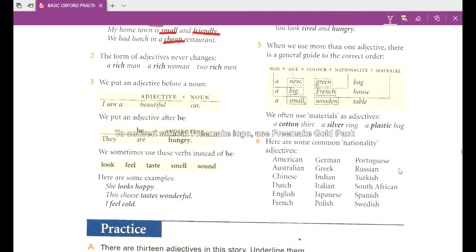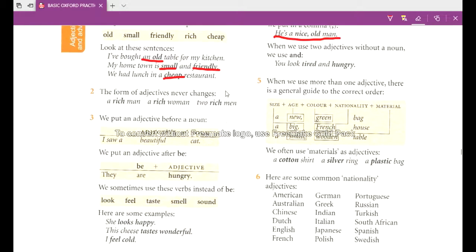They are common nationalities, and we use them as adjectives. Okay, let's see how we use adjectives, the order of adjectives. It's very important to know how to use adjectives in the sentence, because there are different languages.